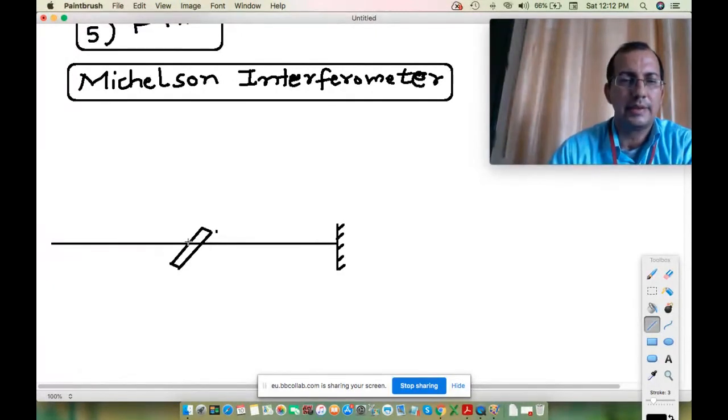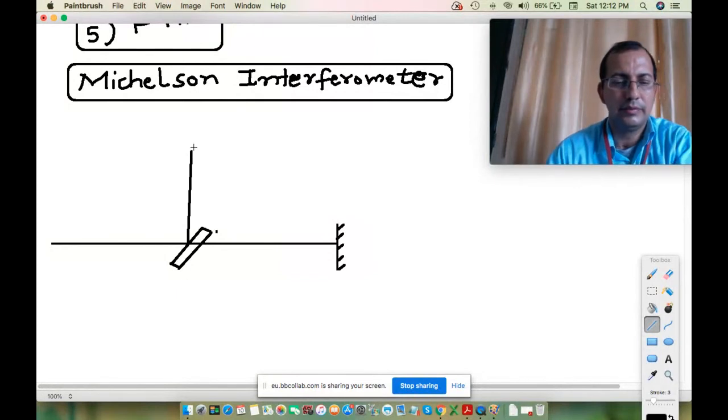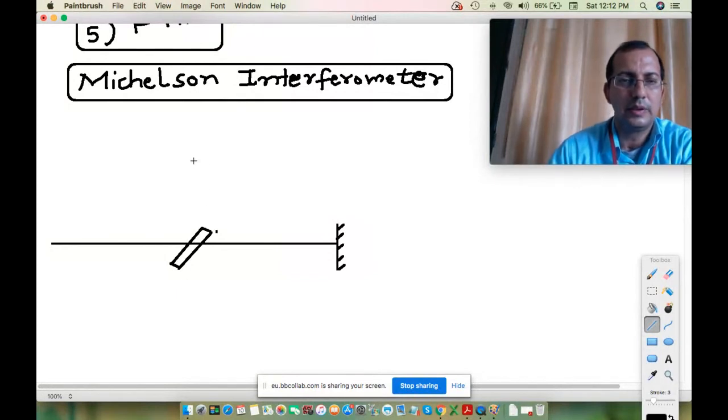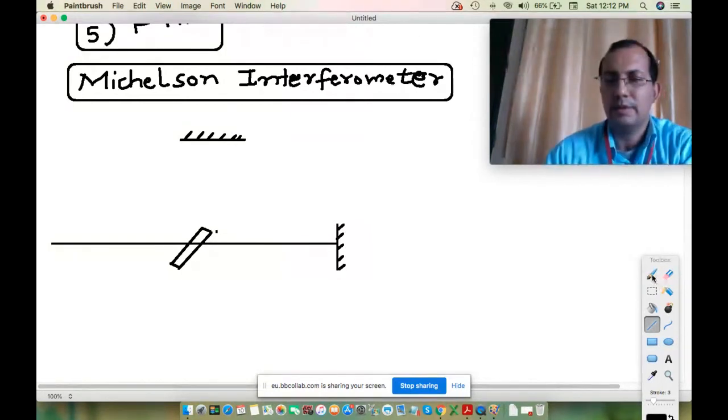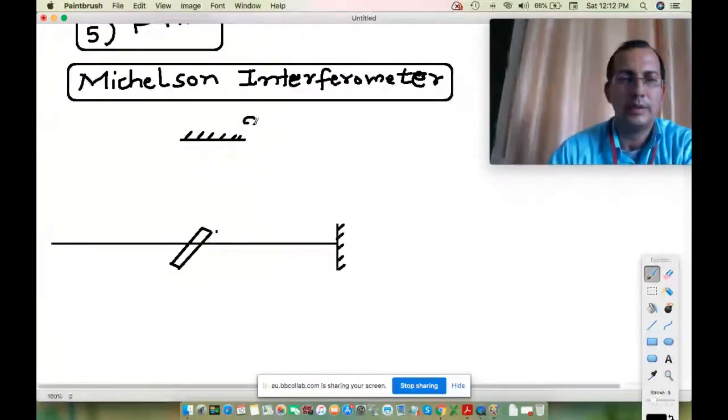And along this direction, you would have another mirror which is fixed over there. Okay? This is another mirror. So we are saying that this mirror is a stationary mirror, and this mirror is a movable mirror, and this is the point which is the O point in this case.